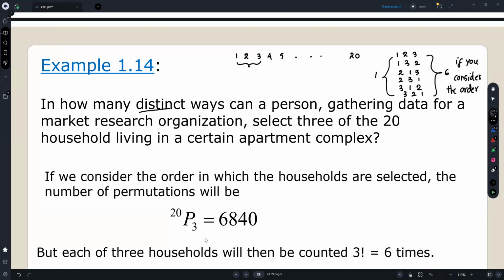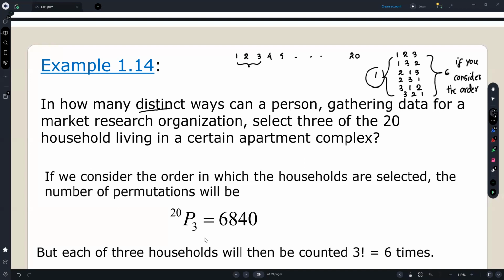All these 6 will be considered as just 1 selection. Why? Because you are selecting just households 1, 2, and 3 out of the 20, and you don't care whether 1 comes first, or the second household comes first, or the third. So all these 6 orders don't matter. This is just going to be 1 selection, selecting the first 3 households out of the 20.